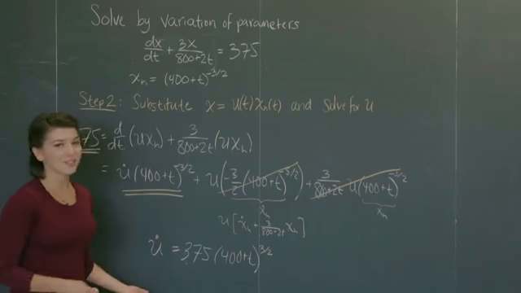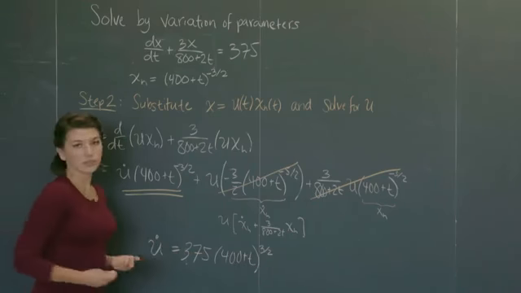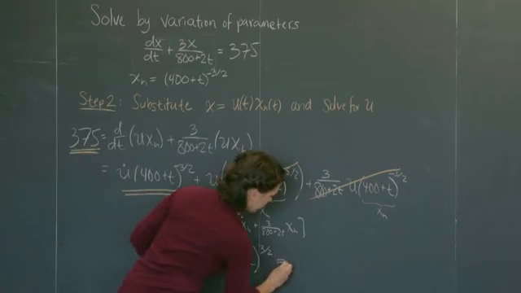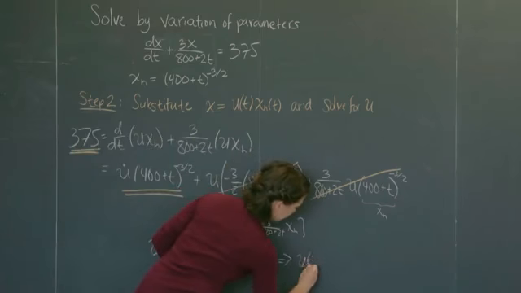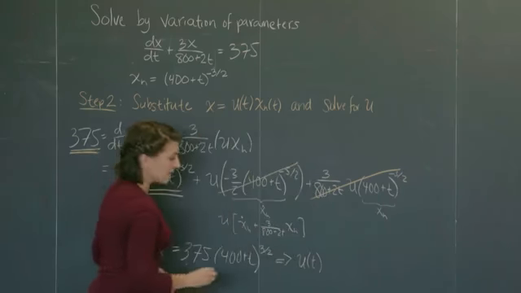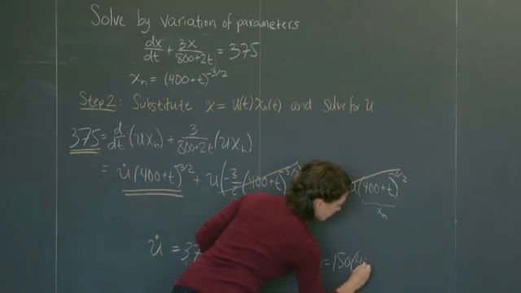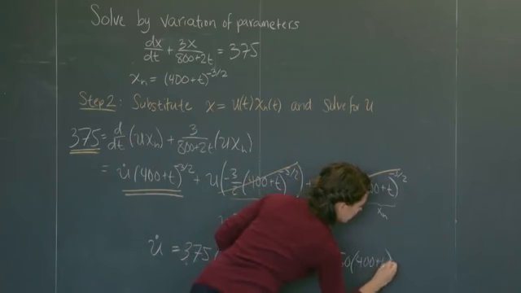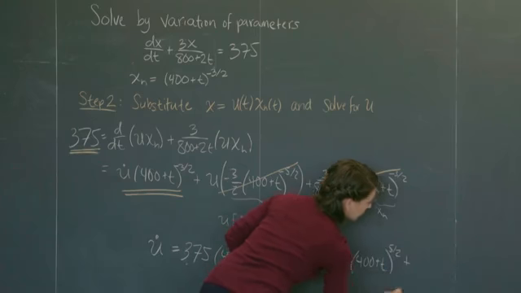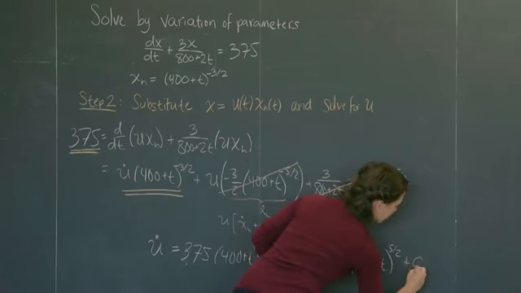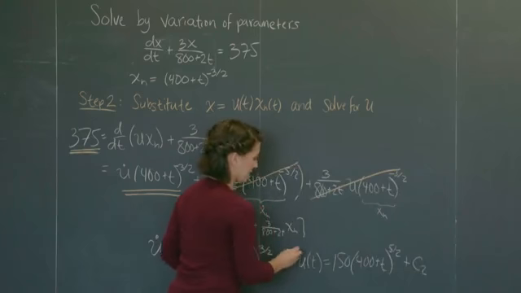In our case, it's even easier because it's just an integration. So if we carry out this integration, we'll see that u of t is equal to 150 times 400 plus t to the 5 halves plus c2, where c2 is an arbitrary constant.